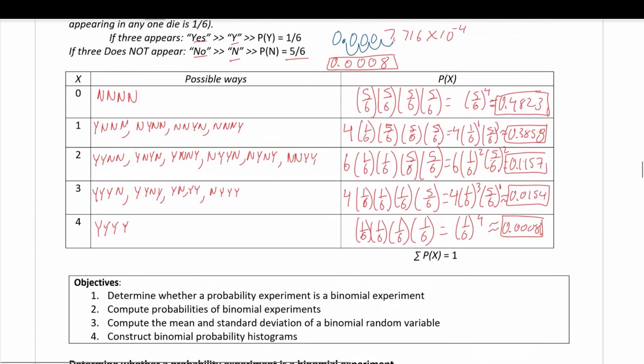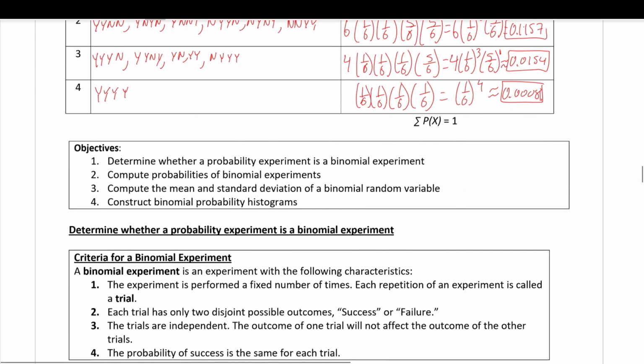And I'm going to keep on referring to this example as we start developing our understanding of a binomial experiment. All right, so the objectives here are to determine whether a probability experiment is in fact a binomial. There are certain criteria that it has to meet. We're going to compute binomial probabilities of binomial experiments. We're also going to compute the mean and standard deviation of a binomial experiment.